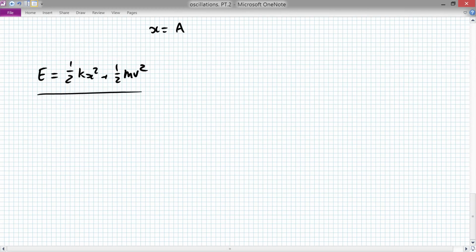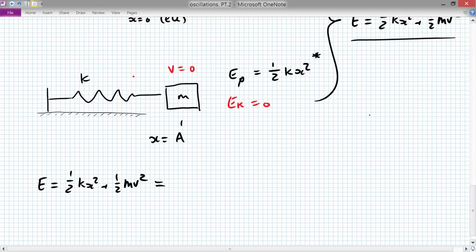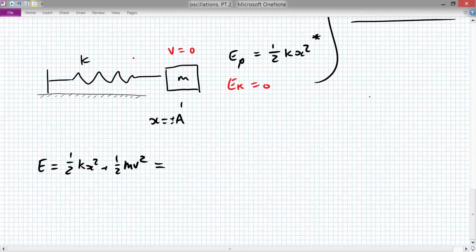And we know quite conveniently what that is, because we know at either of the amplitudes, plus or minus A, that all of the EK is being put into EP, and through conservation of energy that means that it can't have escaped the system, there's no friction or anything, we're assuming, and therefore it must be maximised and equal to that maximum amount.